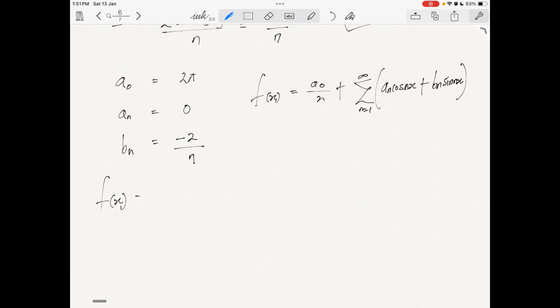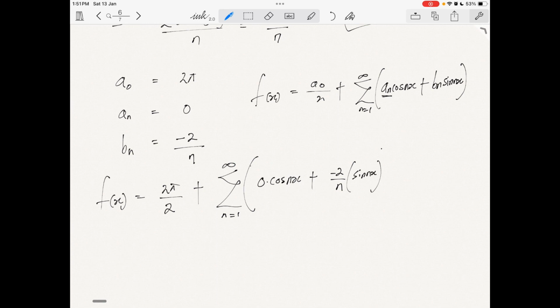So inserting them, we have a naught over 2, and since a naught is 2 pi, that will give us 2 pi over 2 plus summation of n is equals to 1 to infinity. An is 0 multiplied by cos nx plus bn is minus 2 over n multiplied by sine nx.